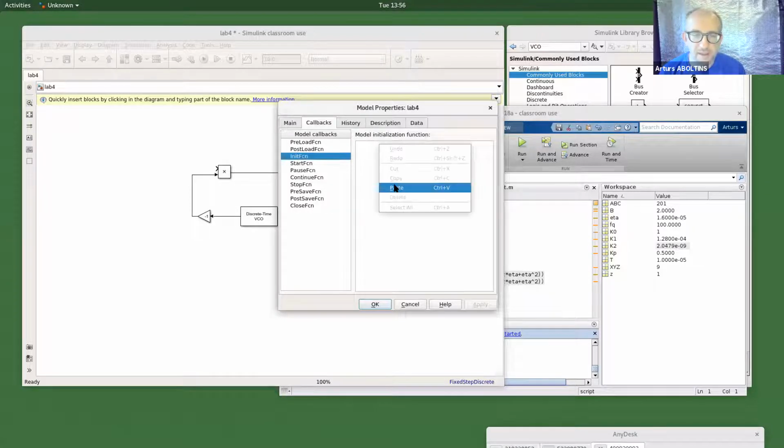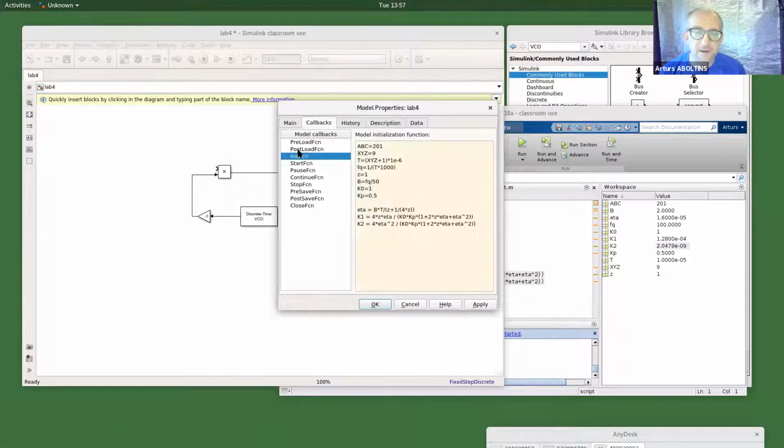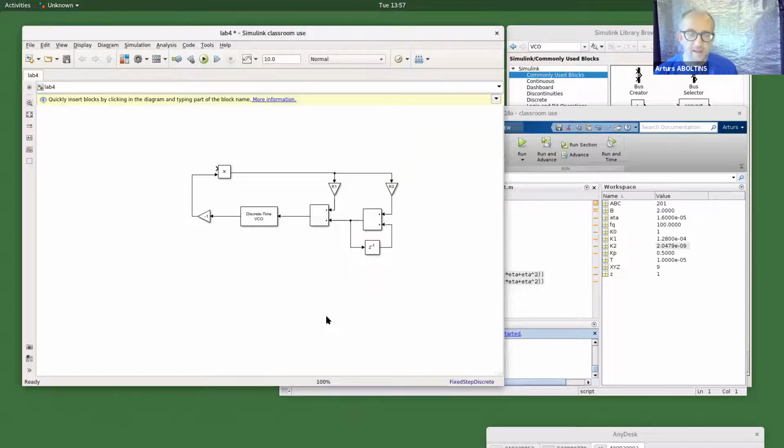Just paste here. This init function is always run before running the model, and it stays together with this model. So if you give the SLX file to someone else, they will also receive this script. This is a very nice way, but it's not that obvious.